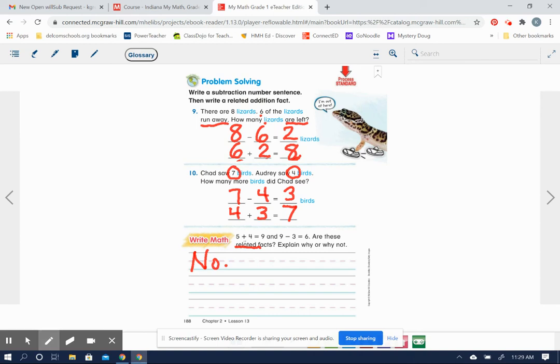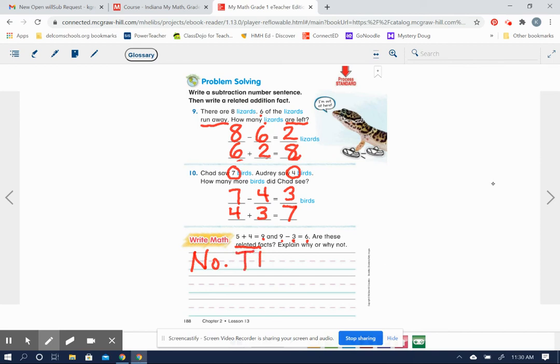Well, I hope that you have already come to the conclusion that they are not related because they're not using the same numbers. Okay? This one has a 9 and this one has a 9, but this one has a 5 and 4. This sentence over here has 3 and 6. So they are not using the same numbers.